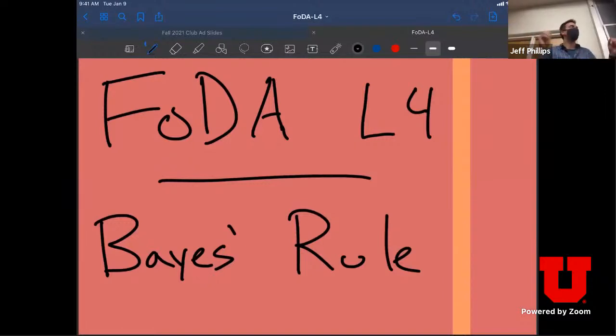This is the first day we get to see how to actually build a model using Bayes' rule. This lecture and the next one will go through how to do that. We're going to go through an example at the end of today's lecture, and then a more complicated version at the start of next lecture.